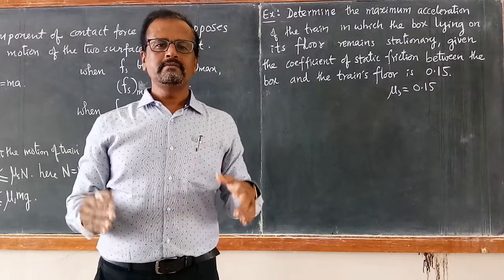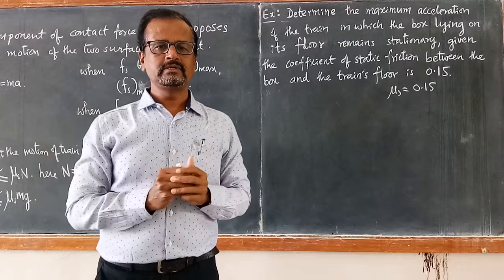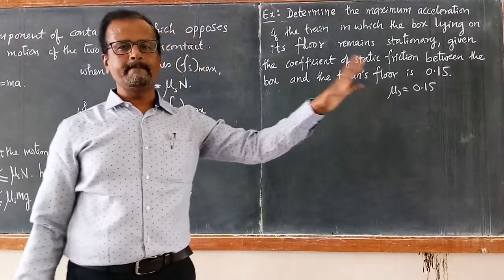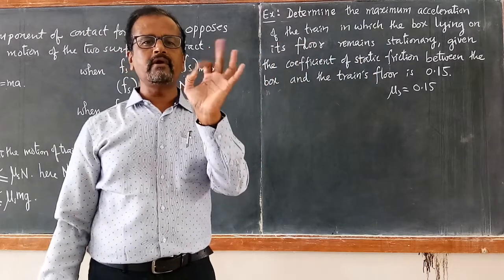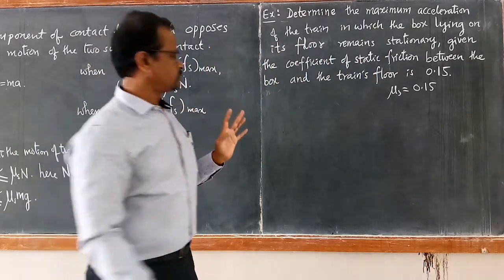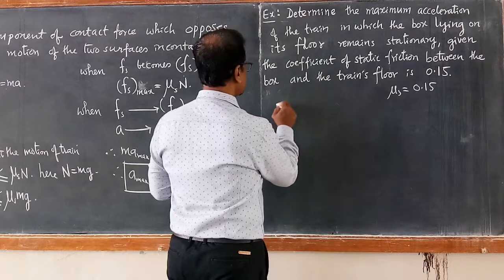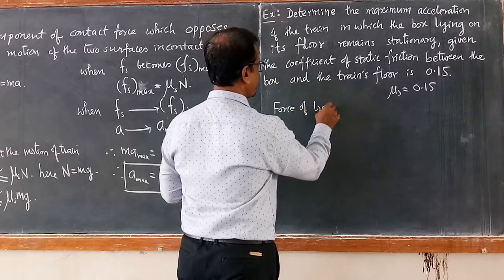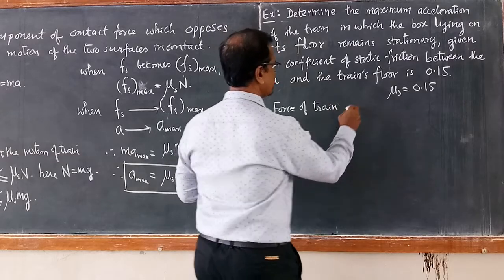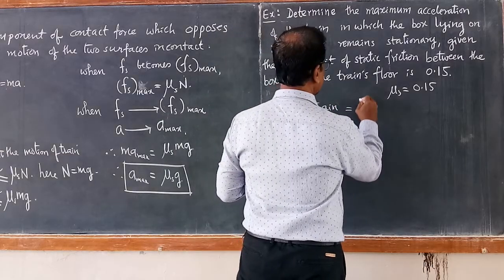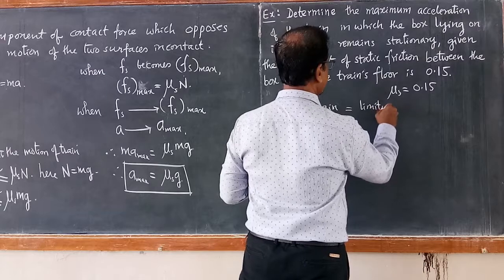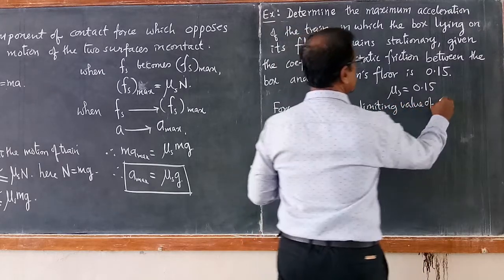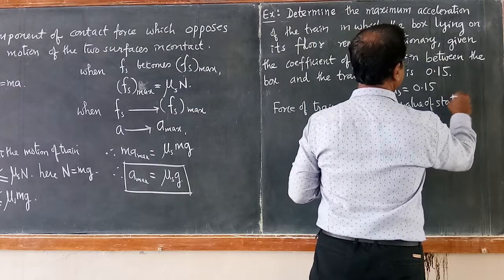Below that, the box will be still at rest. So the condition is that the force of pull of the train must be equal to the limiting value of static friction.